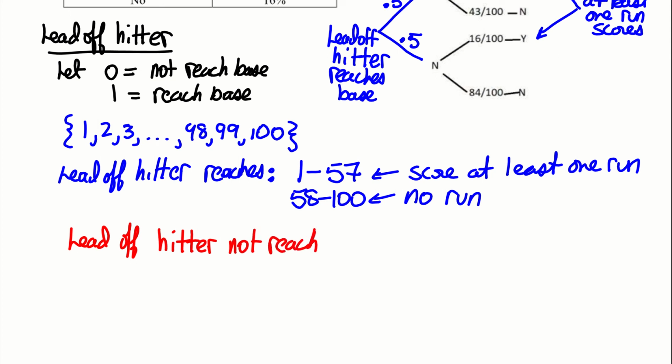So the other case, because again, it's conditional: we use the random integer to determine which category we fall in, and then we use a second random integer to determine what happened once we're in that category. Okay? So if that's the case, then 1 through 16 would be score at least one run.